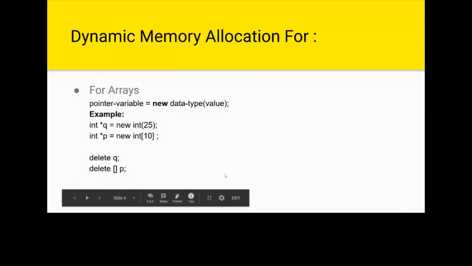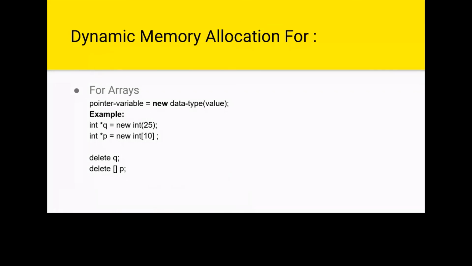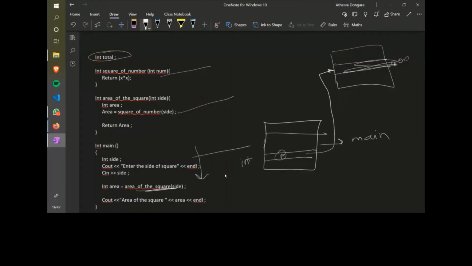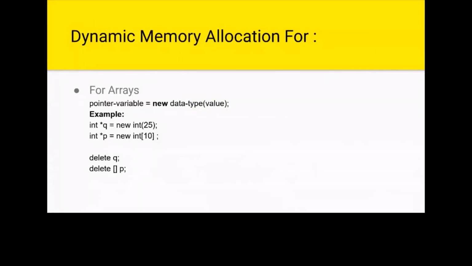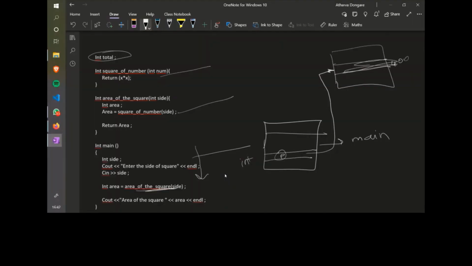A similar case goes with implementation of arrays as well. As in the example, we are allocating memory equivalent to 10 integers for the pointer p. Then we'll have these particular 10 blocks, 1, 2, up to 10, allocated after this particular pointer.